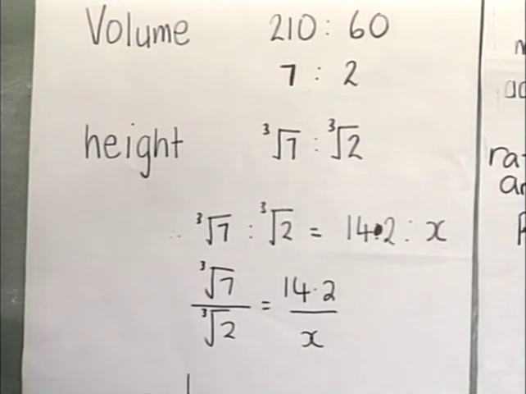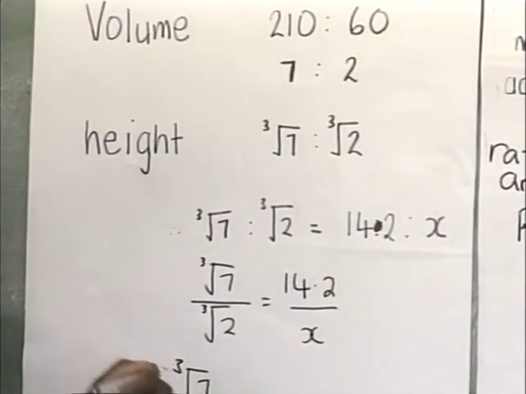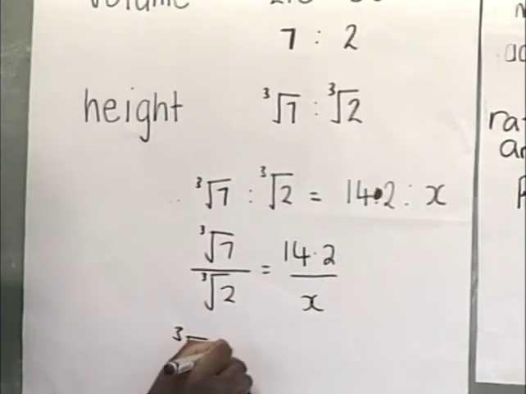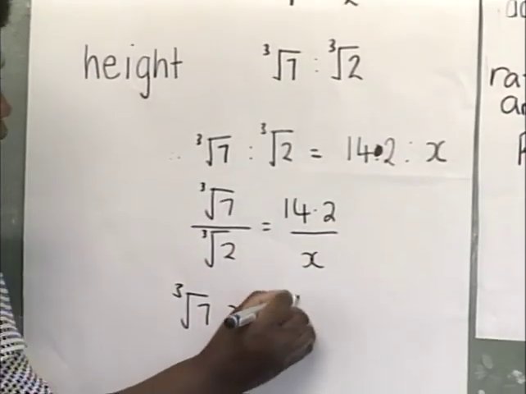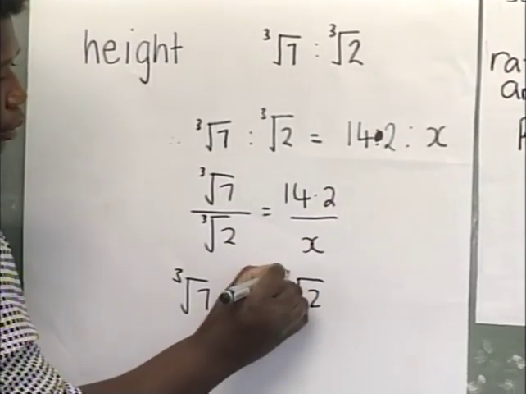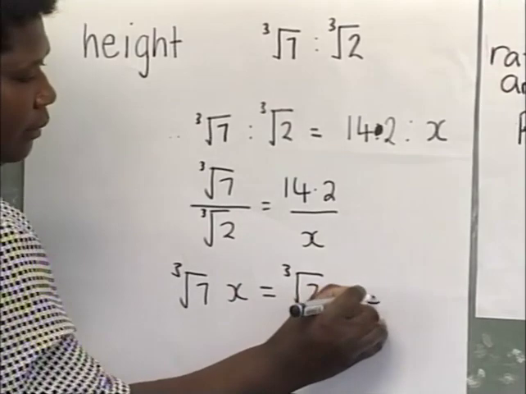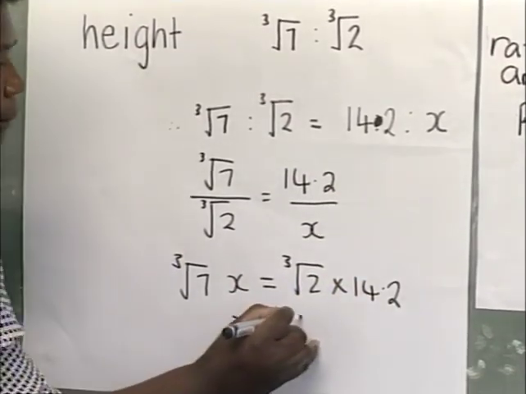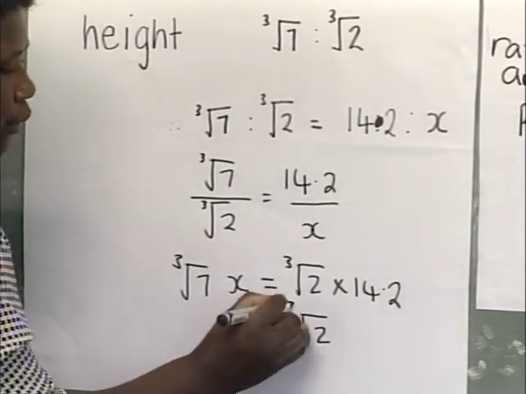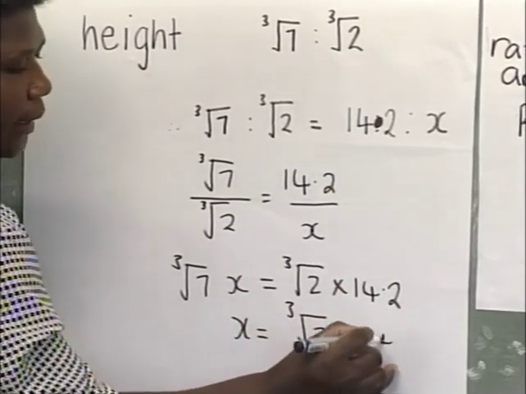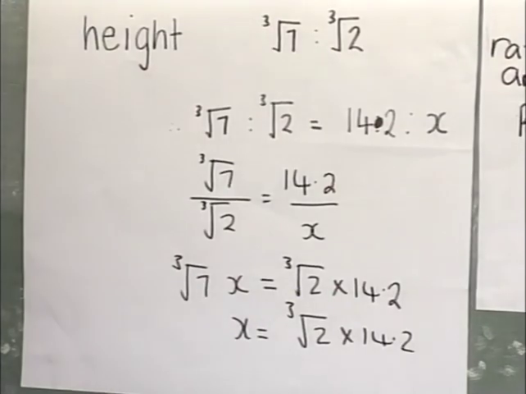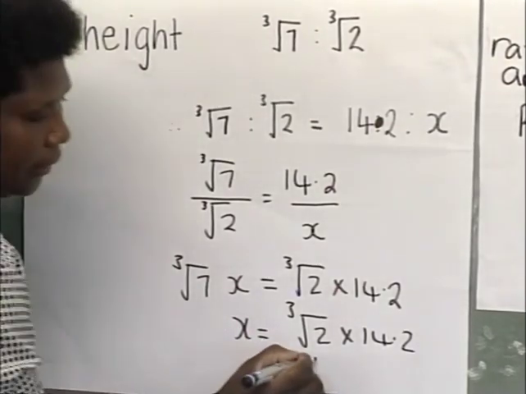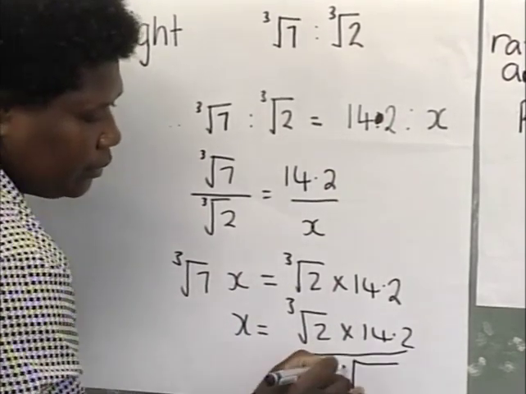The cube root of 7 multiplied by x is equal to the cube root of 2 multiplied by 14.2. Okay, x is the cube root of 2 multiplied by 14.2 over the cube root of 7.